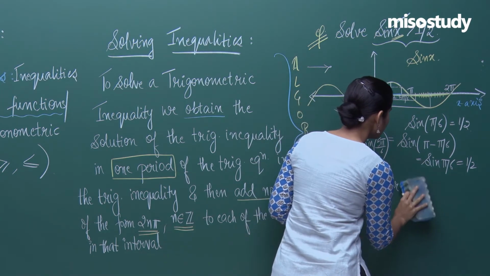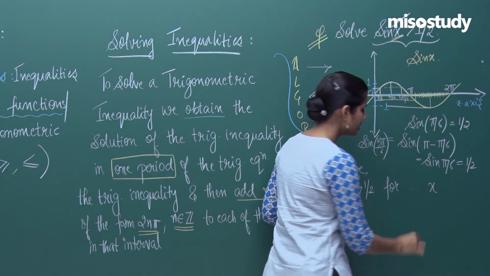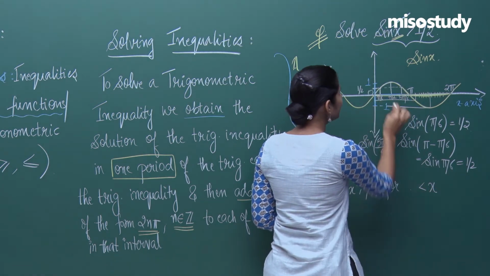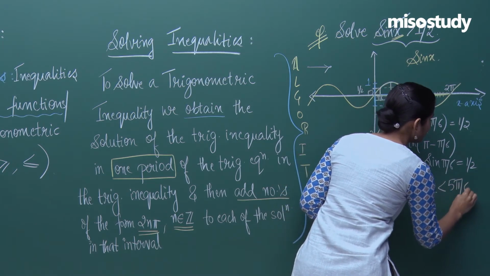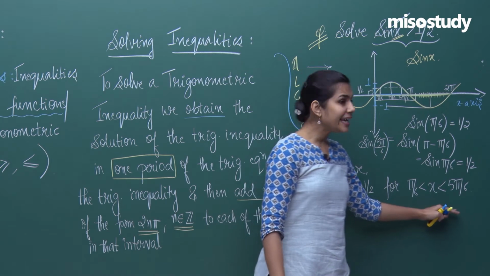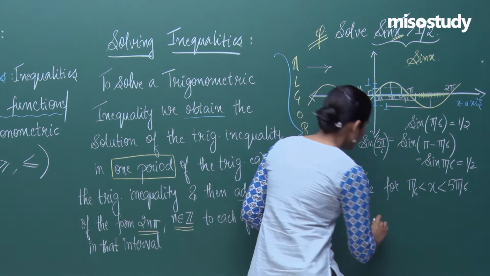I can say for all angles which are strictly greater than pi by 6 and strictly less than 5 pi by 6. It is these angles whose sine ratio is greater than half in this interval.